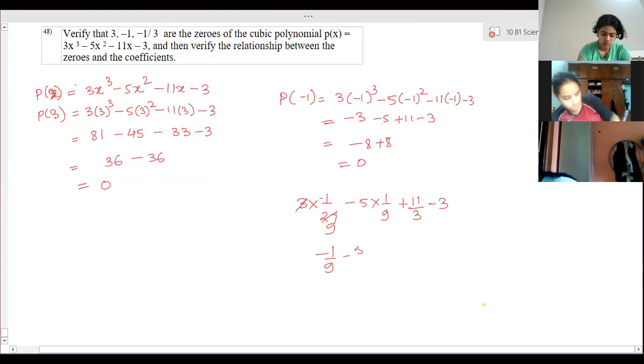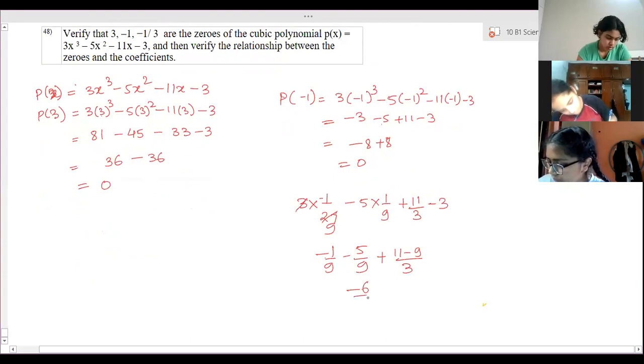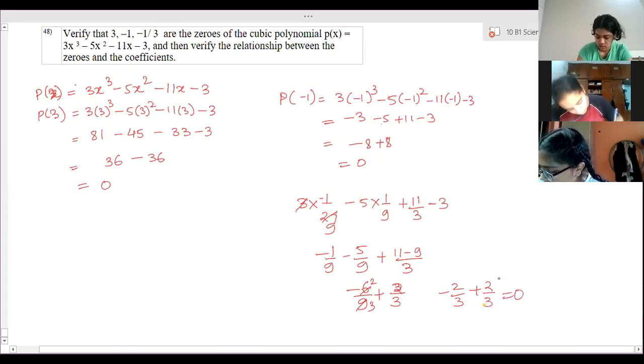Minus 1 by 9, minus 5 by 9, plus 11 minus 9 by 3. So it is minus 6 by 9, plus 2 by 3. That is minus 2 by 3 plus 2 by 3, which is 0. Wow.